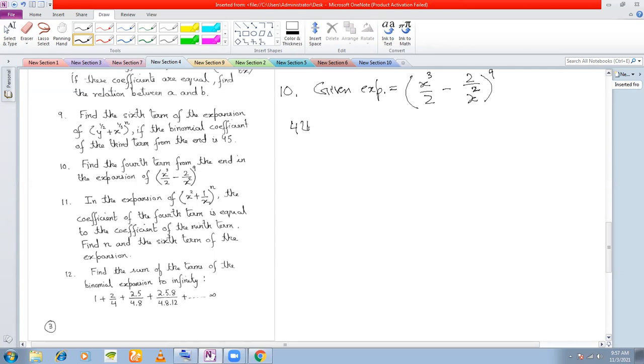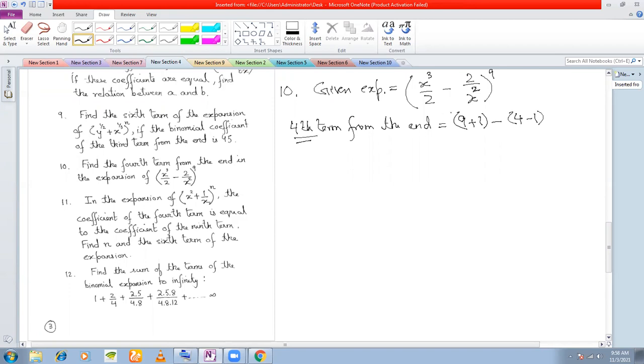You need to locate the fourth term from the end. According to our last result, it is n plus 1 minus (r minus 1)th term, because we are talking about the fourth term from the end, r is equal to 4.